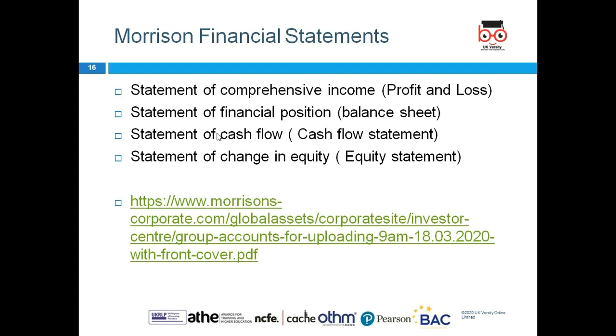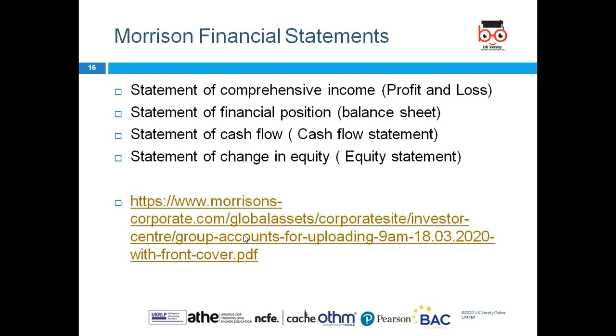The statement of changes in equity shows how much dividend we paid, how much retained earnings we have, the retained profit we did not distribute to shareholders, how many shares we issued during the year, and how many assets were revalued. All this shows in the statement of changes in equity, which we'll look at now.